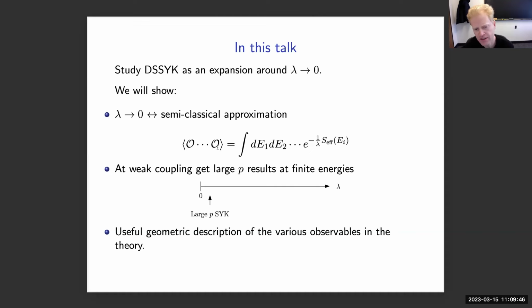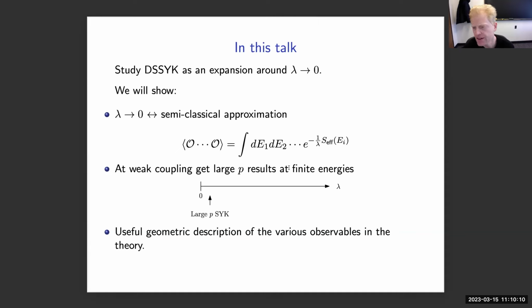The integrand is essentially some coefficient times some action that depends on these energies. This is just a function, but importantly, the coefficient is 1 over lambda. So lambda going to 0 is governed by a semi-classical approximation.